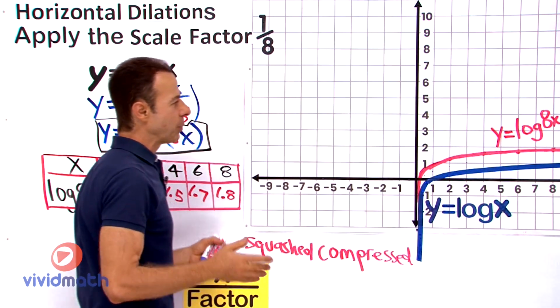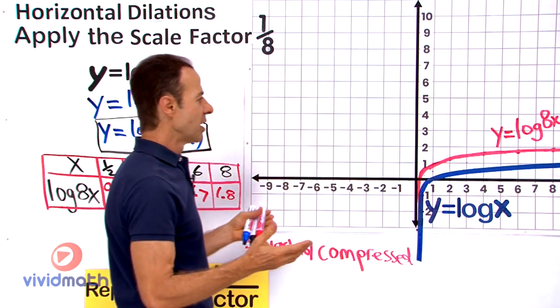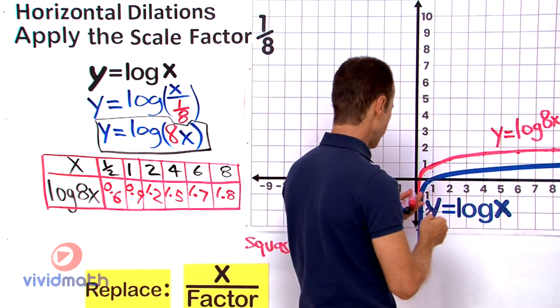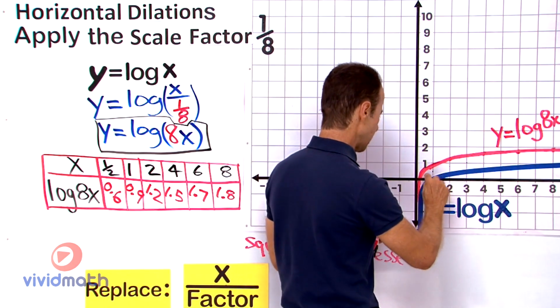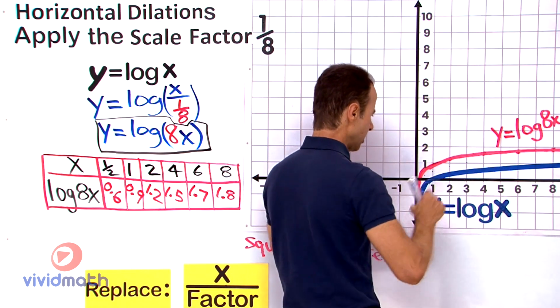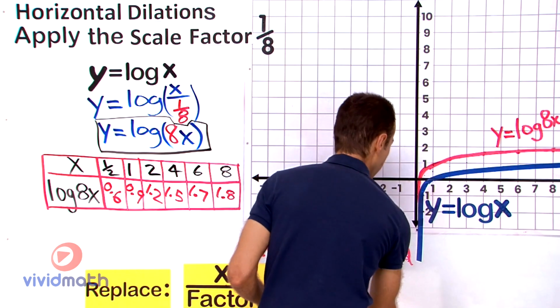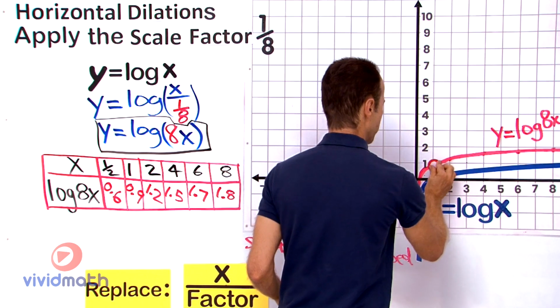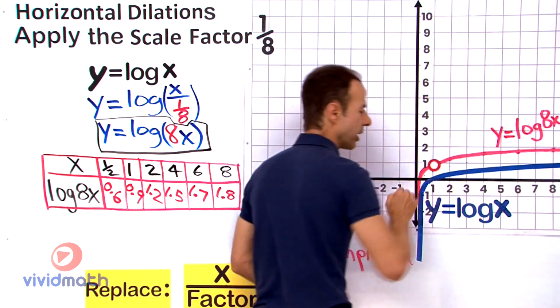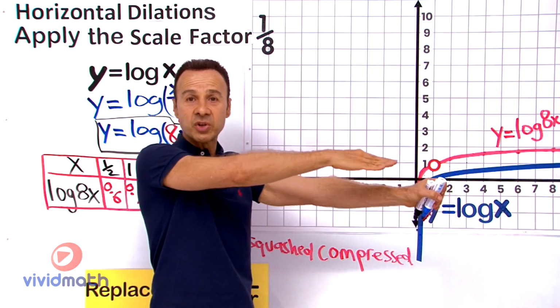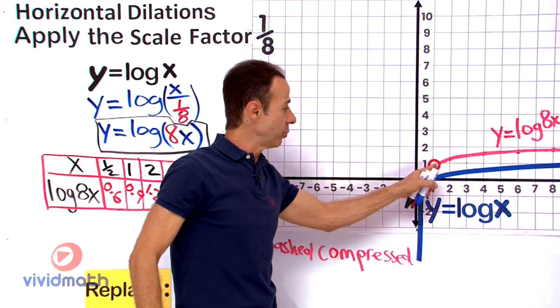So if we can pick a couple of points and see how much more it's compressed, there's no real points that it's going through in particular. So if I was to pick, let's see here, we've got (1, 0.9), about there. If I put a point there, it's at about 0.9. So I want to go to the height of 0.9 because we're going along the same horizontal line. So that goes at x equals 1.